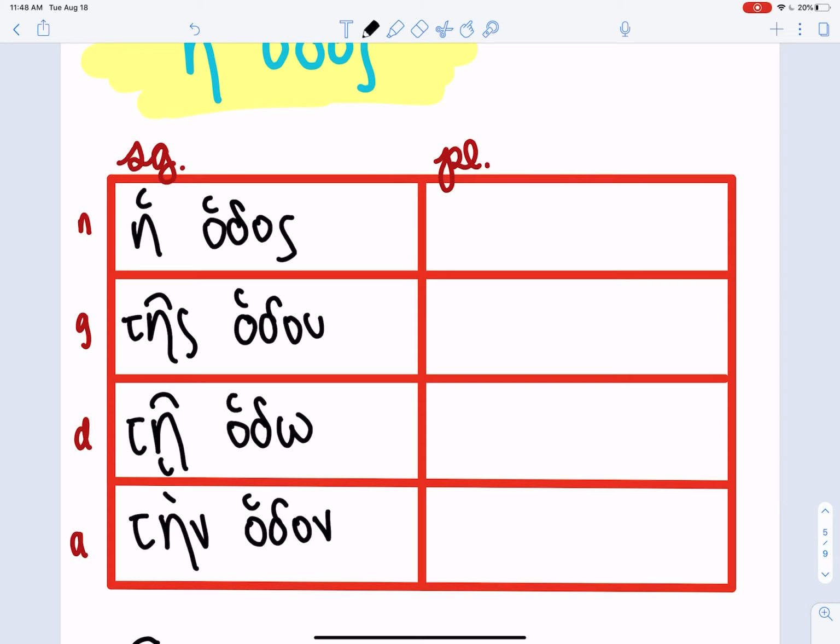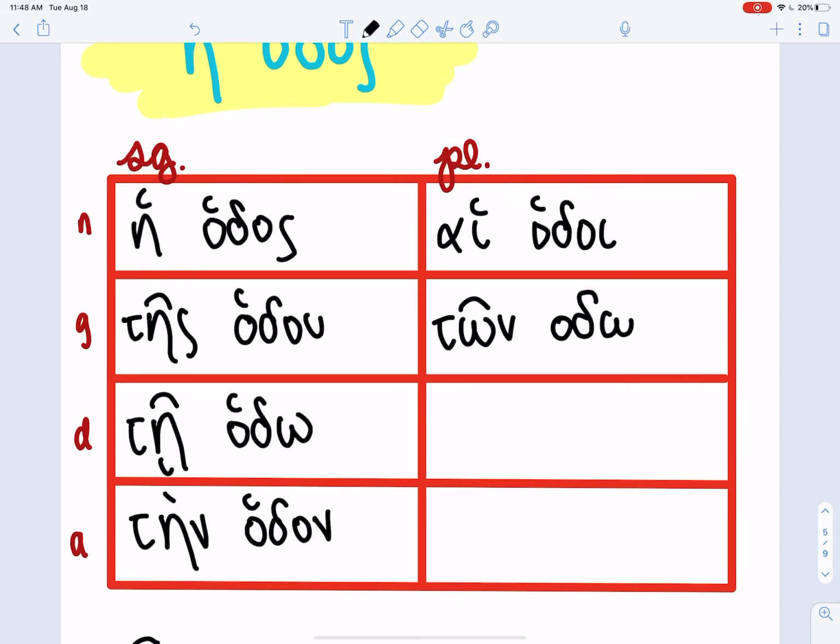Okay, and then in the plural, nominative plural, we have hi as our article, and then hodoi, then ton hodon. And this is where we can really see how consistent this genitive ending is with the omega nu. Regardless of masculine or feminine or first or second declension, we see that ending everywhere.